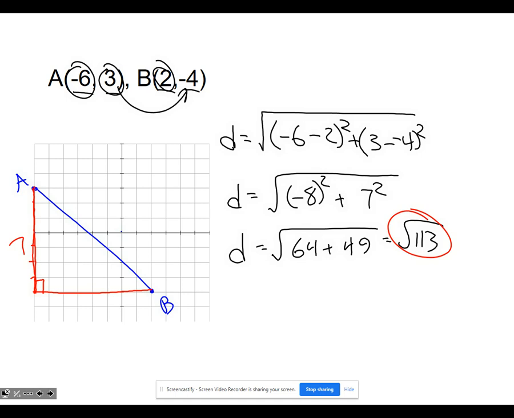How about my base? 1, 2, 3, 4, 5, 6, 7, 8. And so they will say, well, 7 squared plus 8 squared equals my C squared I'm looking for. If you notice, that's really what we had back at this point. It doesn't matter to me how you find the distance, all right? I do want you to be kind of quick with it, all right? But I want you to be accurate.